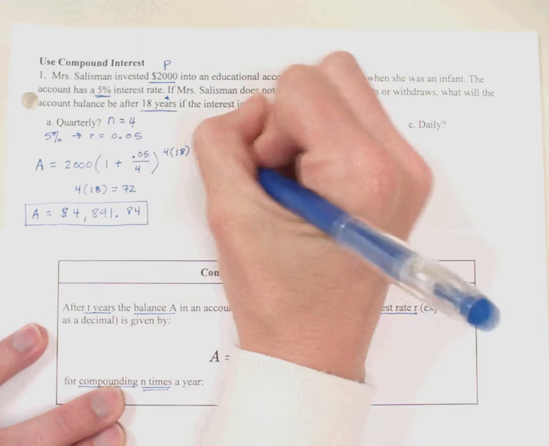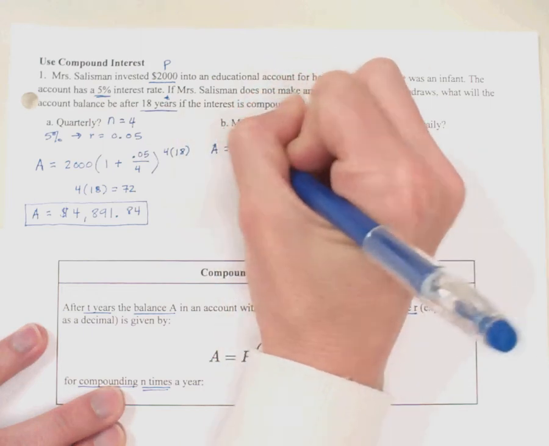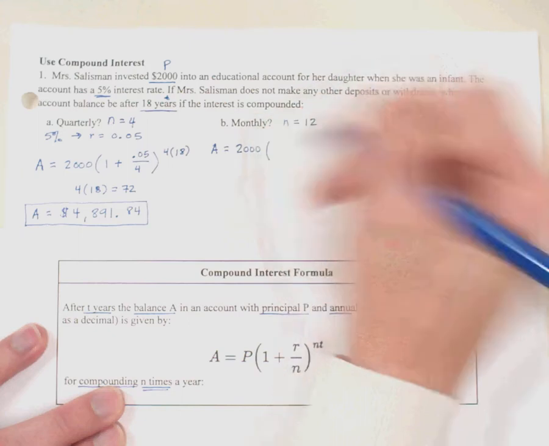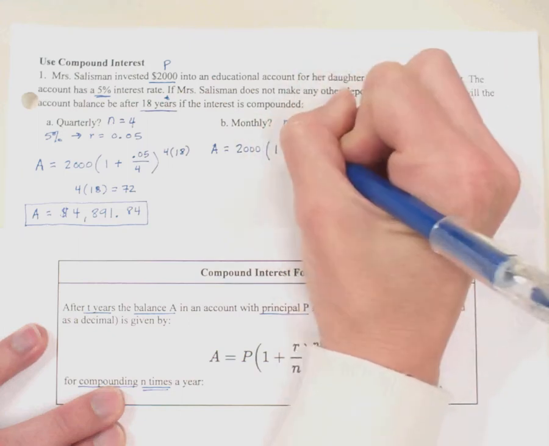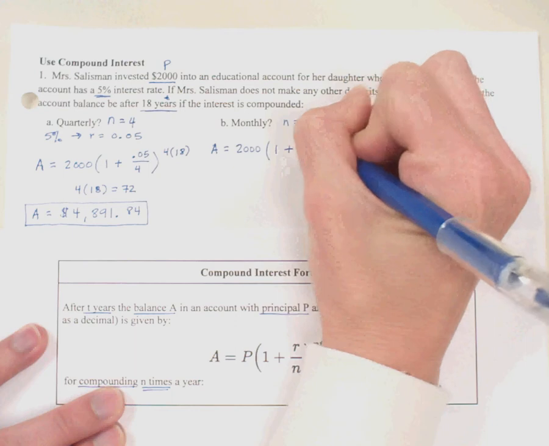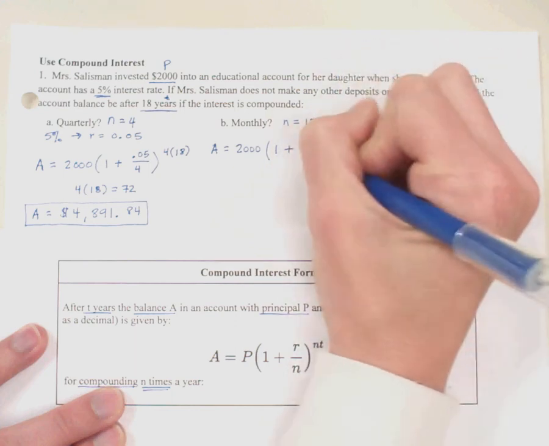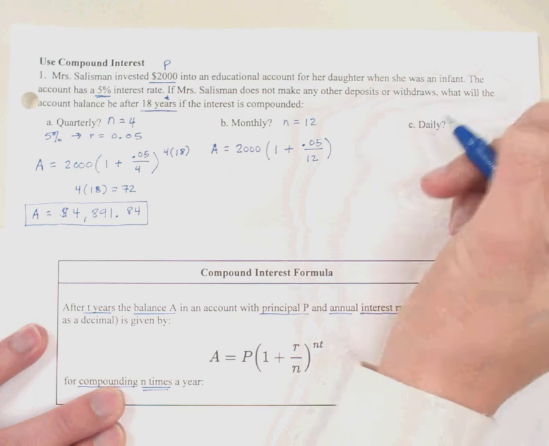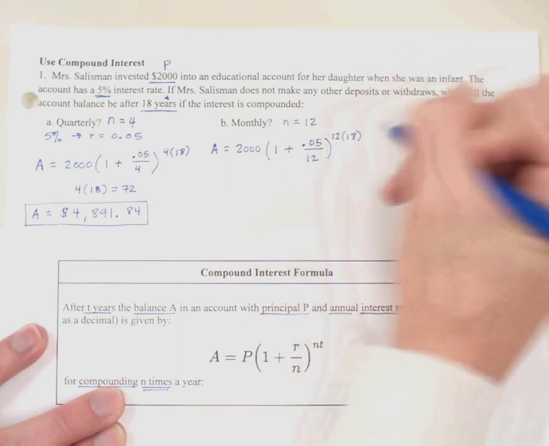My account balance is equal to the principal, which is my initial investment at $2,000, times the quantity 1 plus my rate is still 5% interest rate, 0.05, all divided by n, which is 12. My power, n times t, would be 12 times 18.